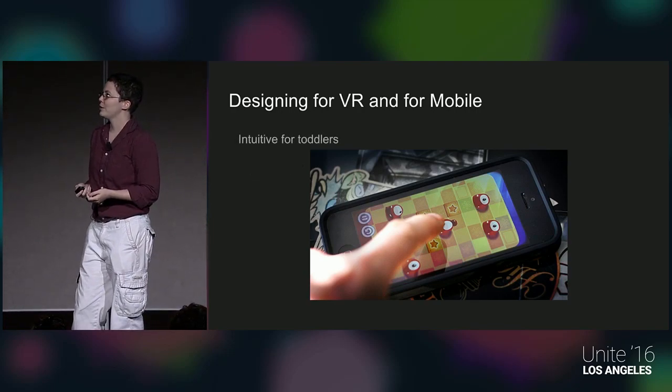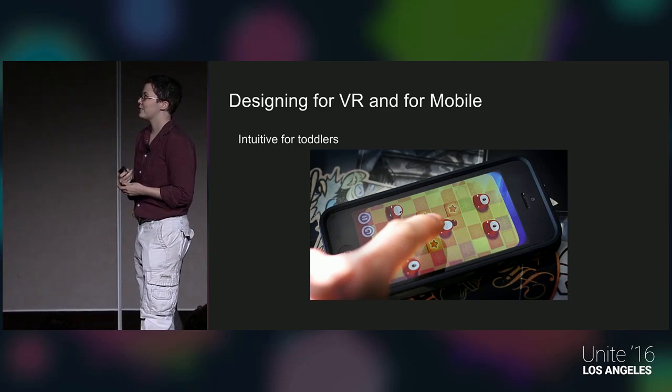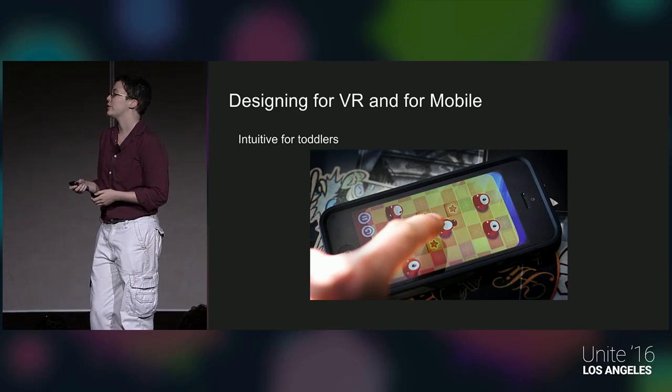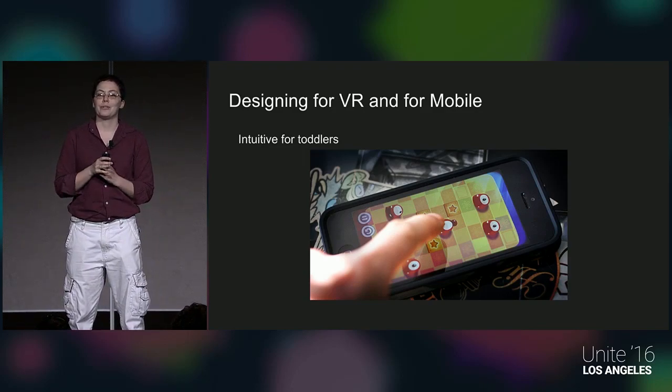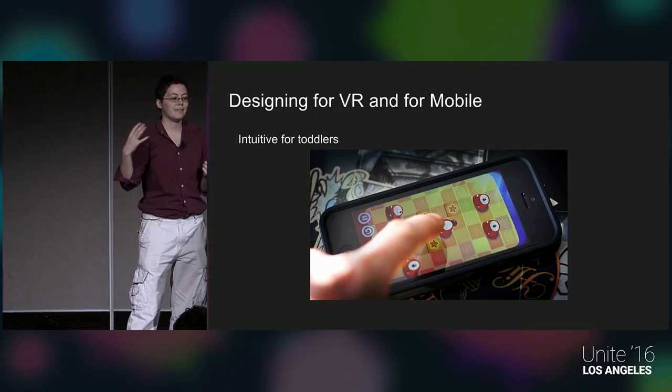But what we learned from our experiments with the touchscreen is that it's very intuitive. So intuitive, even toddlers can use it long before they could ever use a mouse. And part of that is the dexterity. You need to be able to hold the mouse in your hand. But a big part of it is actually because of the disconnect.